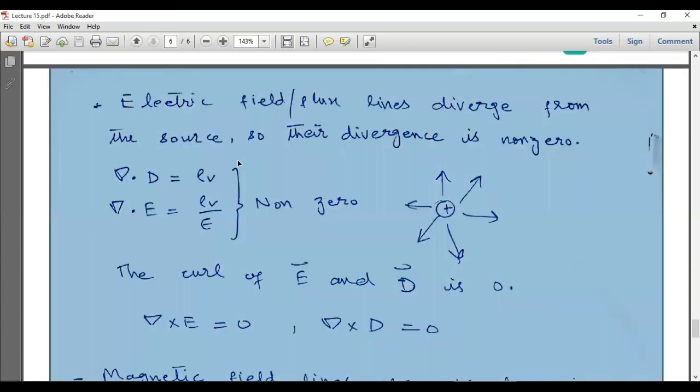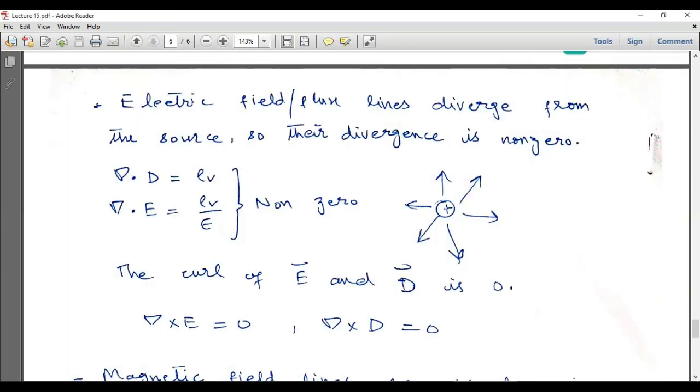If we have a point charge over here, electric field lines and electric flux lines will be diverging from the source. So the divergence of electric field and electric flux is a non-zero quantity, because physically these lines are diverging from the source. And we know that del dot D is equal to rho V, and del dot E is equal to rho V over epsilon, because D is equal to epsilon E.